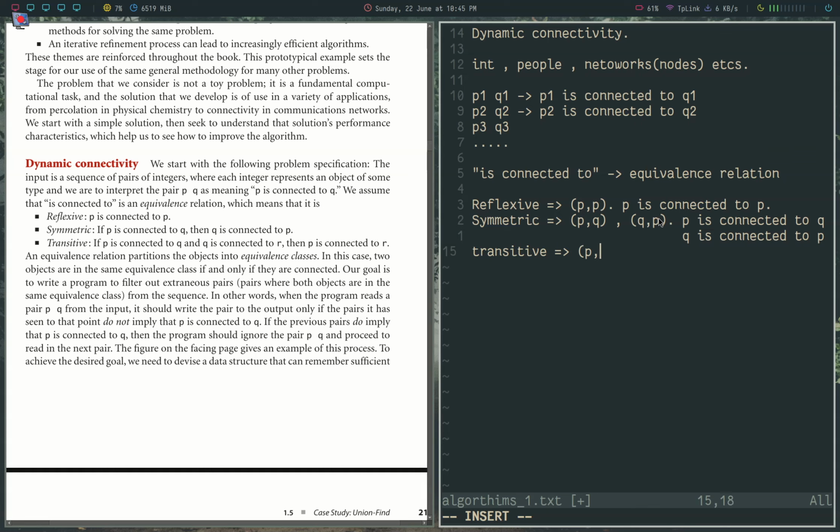It means that if P and Q are there and Q and R are there, then P and R should also be there. So P is connected to Q, Q is connected to R, hence P is connected to R.